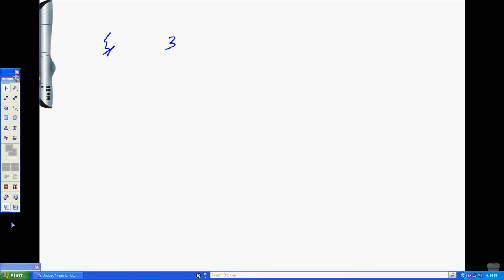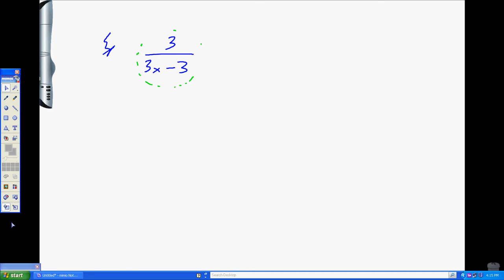So something like this: 3 over 3x minus 3. So there's your rational polynomial expression. Well, this whole expression cannot exist, so to speak, if the denominator equals 0. So we have to set it up as a non-permissible value.